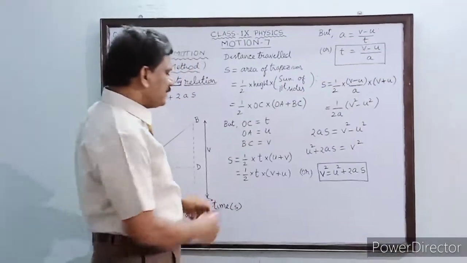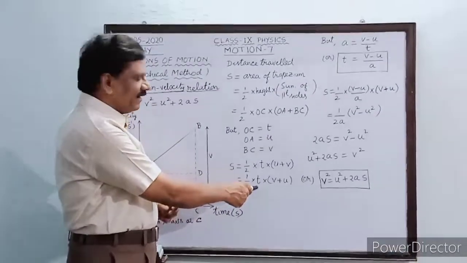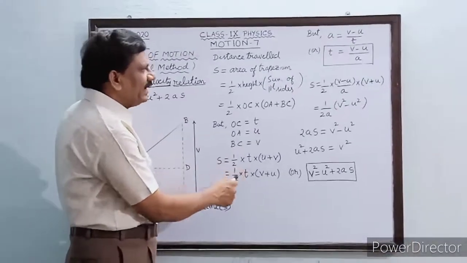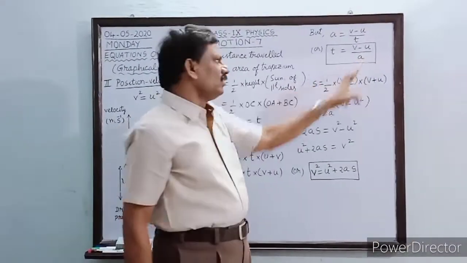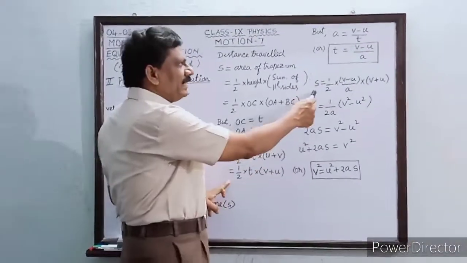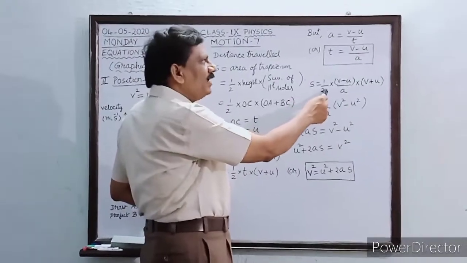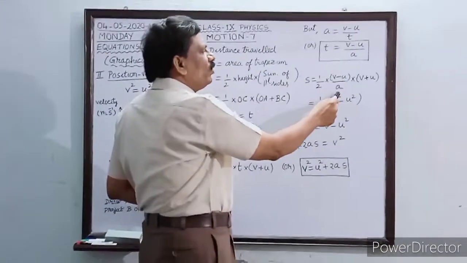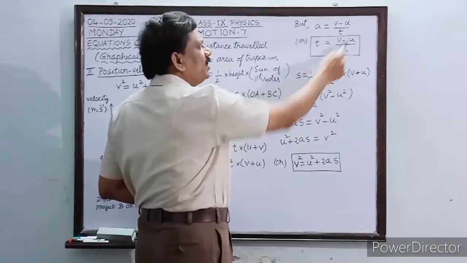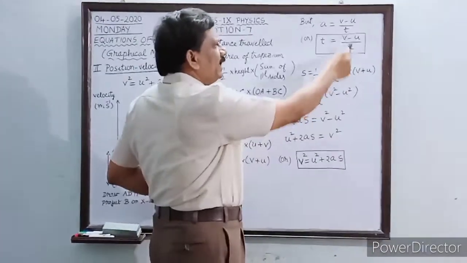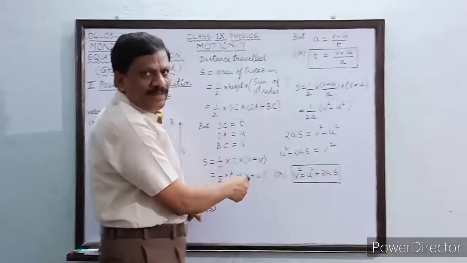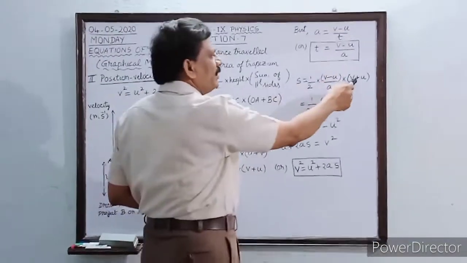So, in this expression for the distance travelled s, in place of t, I can substitute (v minus u) by a. So, this equation can be rewritten as s is equal to half into (v minus u) by a. Instead of t, I am substituting (v minus u) by a. There is no other change here. Into, the next term is what? (v plus u).